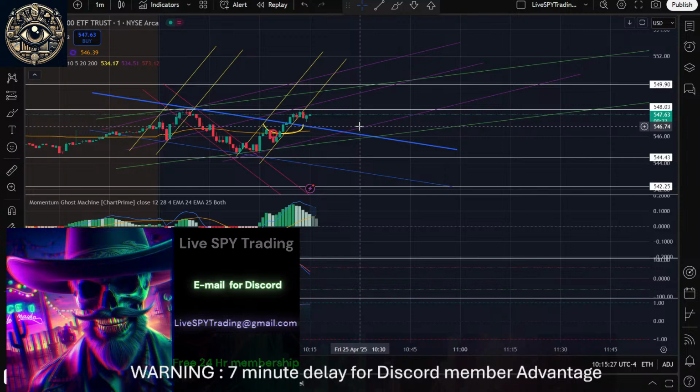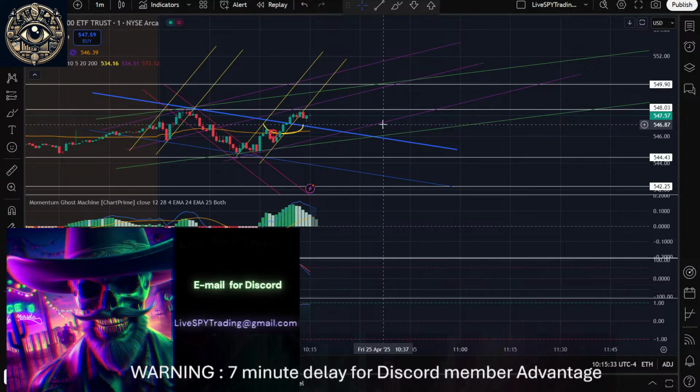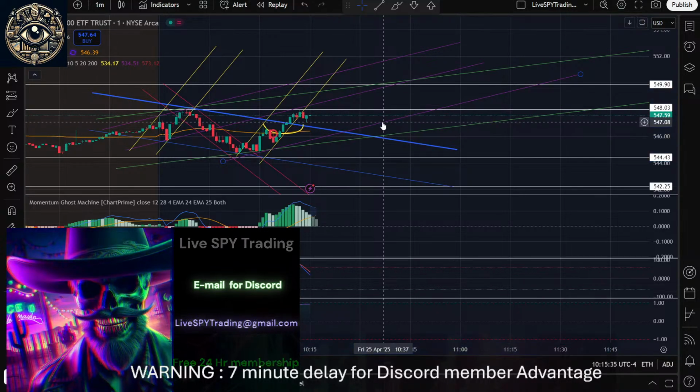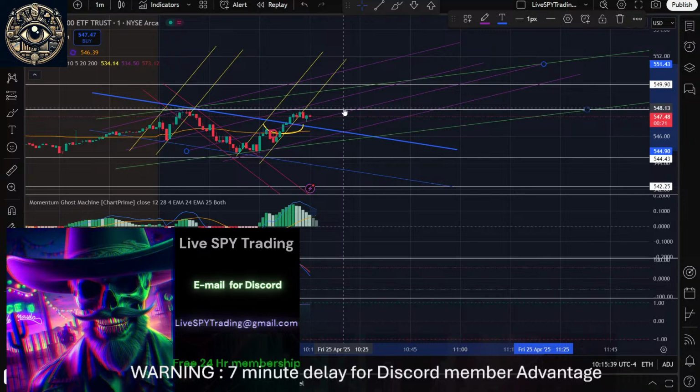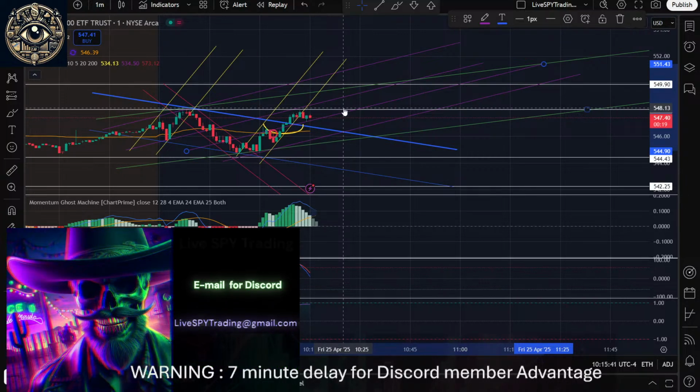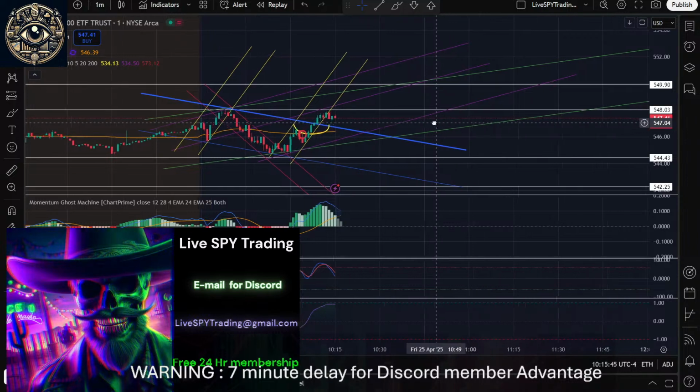Yeah, I think break of purple looks good. There might be a half channel here. Let's see. There might be a half channel. I'm not going to put it just yet.